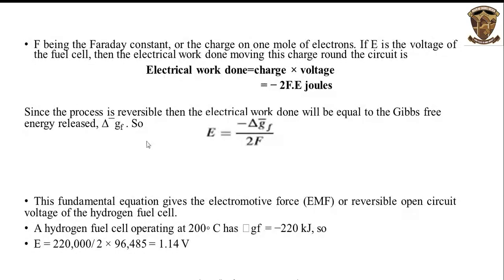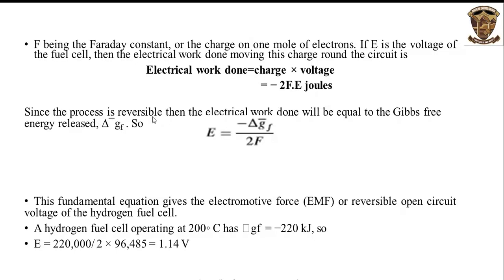Here F is Faraday's constant, or the charge on 1 mole of electrons. If capital E is the voltage of the fuel cell, then the electrical work done moving this charge around the circuit is equal to charge times voltage. Here, the charge from the last slide is minus 2F, and the voltage is E. So the electrical work done will be equal to minus 2FE joules.